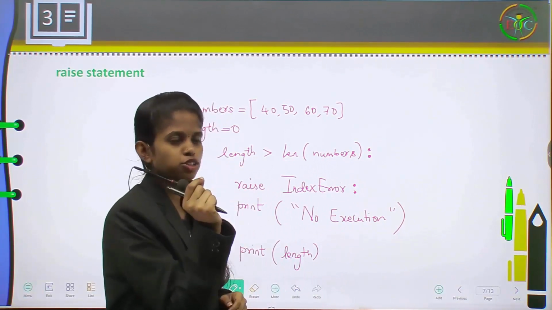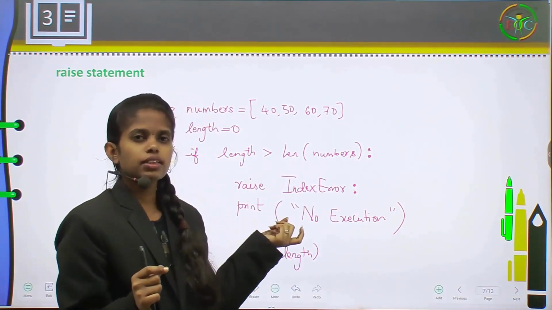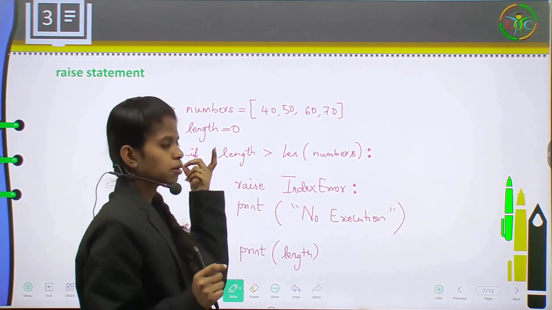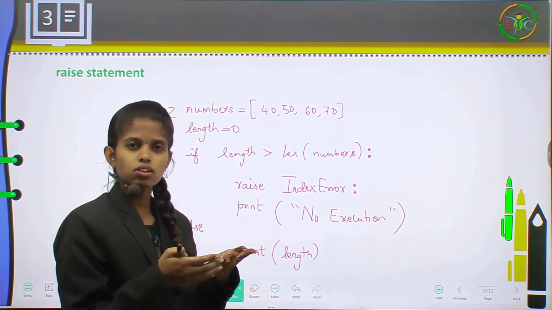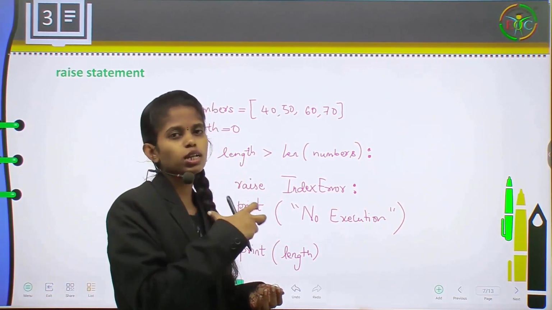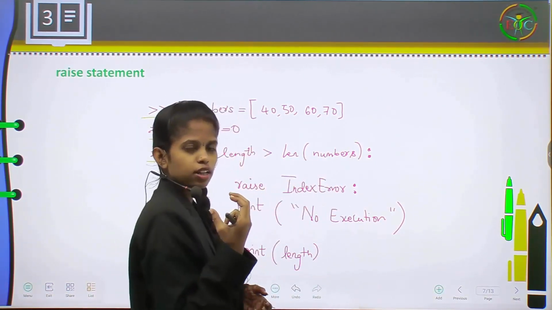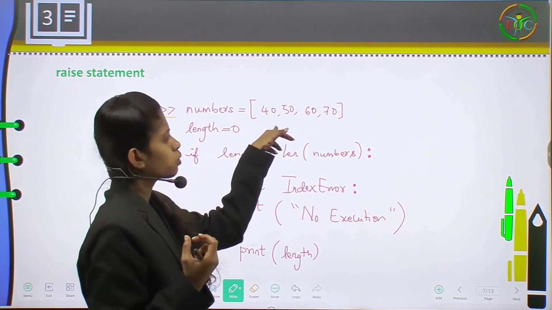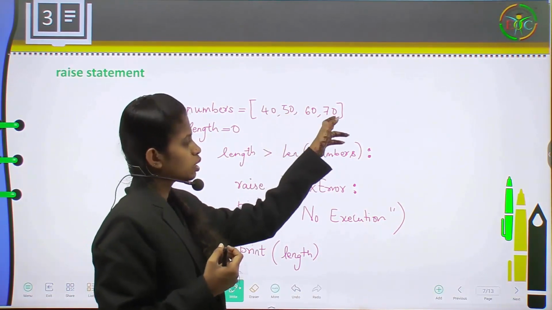And that 0, if it is greater than numbers, the list name actually. So len is an inbuilt method available in Python for computing the length of a list or the length of a tuple. Likewise, length will always count the number of elements inside it. It will return an integer value which will hold the count. Here the count will be 4 because a total of 4 elements are there.